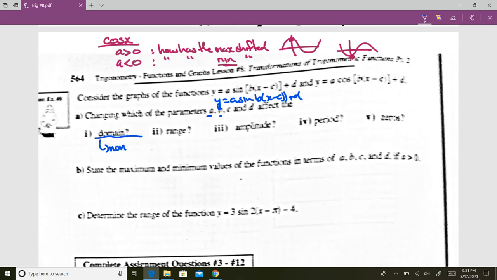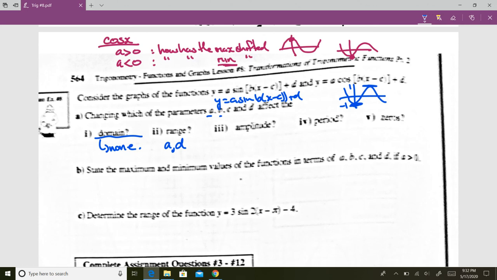The domain is set by you. Remember, the domain for one of these graphs goes on forever in both directions. So none affect the domain. What affects the range? Well, if you think about it, either the sine or the cosine graph, doesn't matter, they oscillate between 1 and -1. All right. So the only thing that would change that is an a value of vertical stretch or a shift up or down.